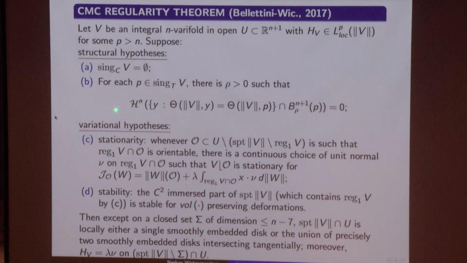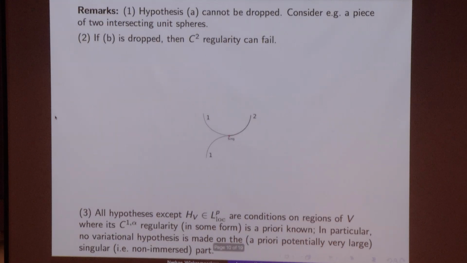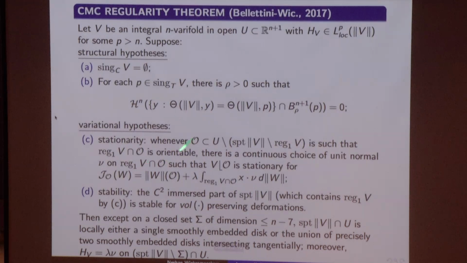And this is what came as a bit of a surprise to us. This is the subtlety involved in these touching points. The assumption here is that at a touching singularity, locally in some neighborhood, if you look at all other points which have the same density, then that set has n-dimensional measure 0. This is the second assumption.